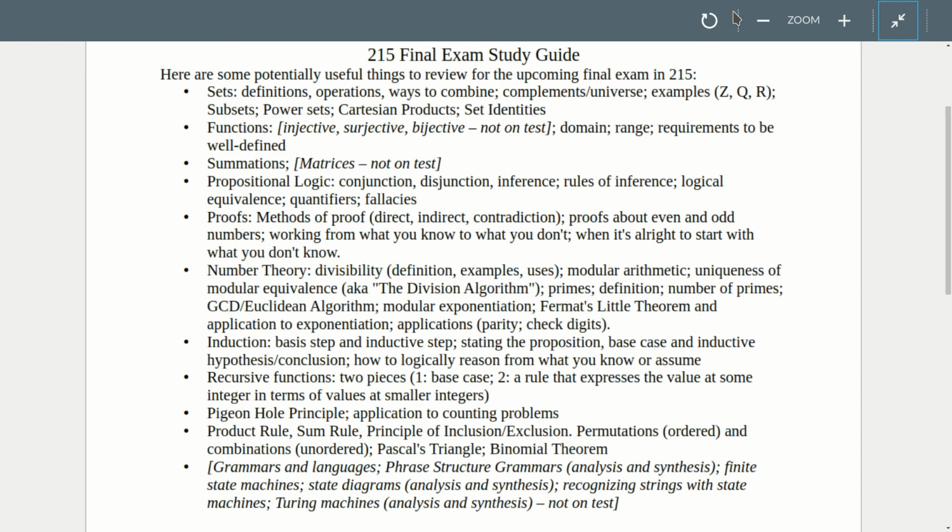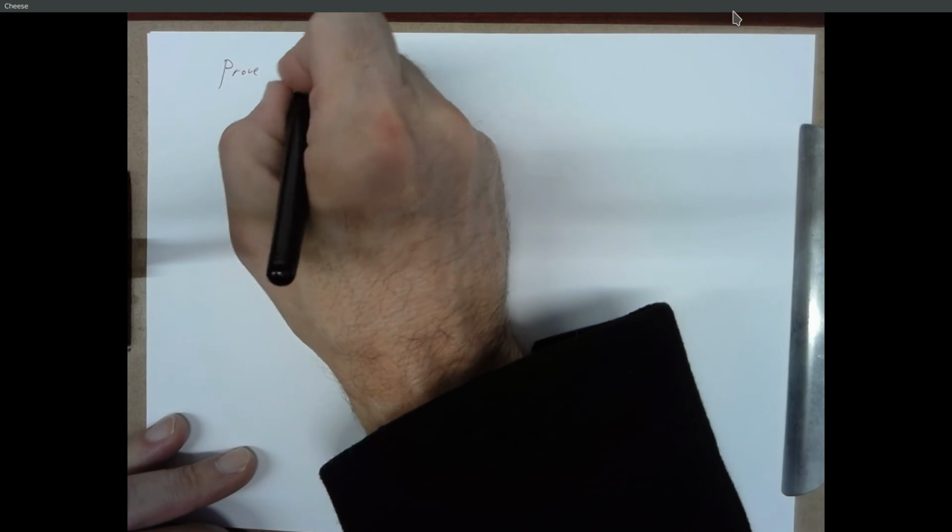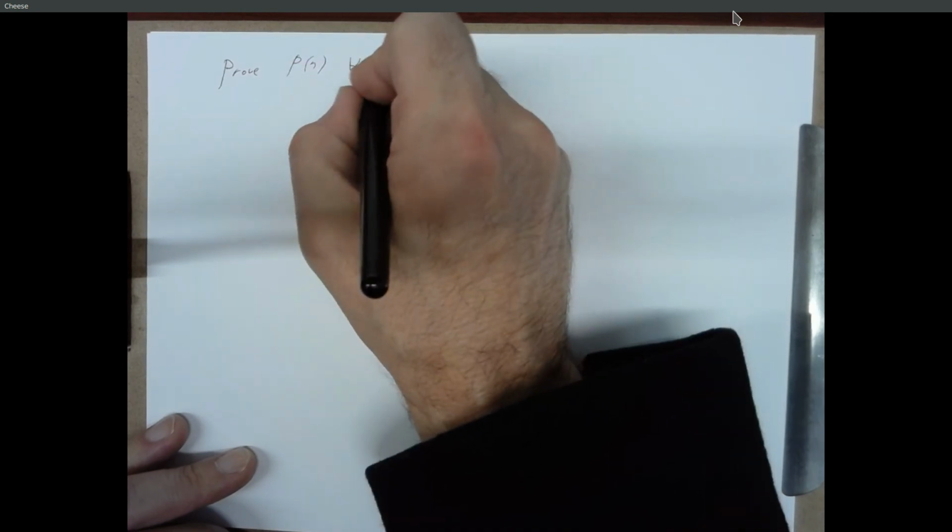All right, so induction. There'll definitely be some induction questions on the exam. The whole drill for induction comes down to the following. Prove a family of propositions, say P of n for all n bigger than or equal to 1. Trying to prove something about an infinite family of propositions is fairly daunting.